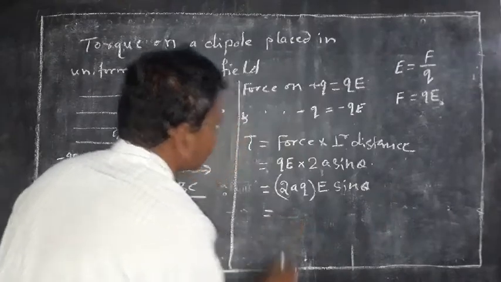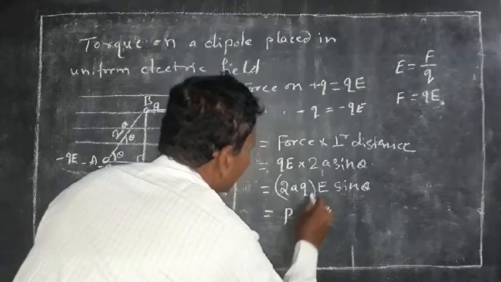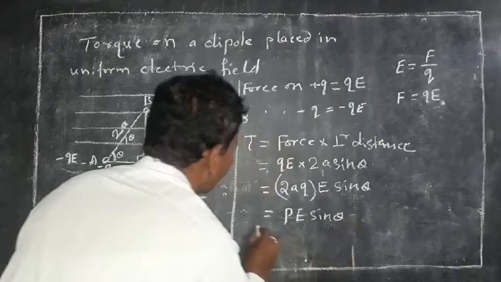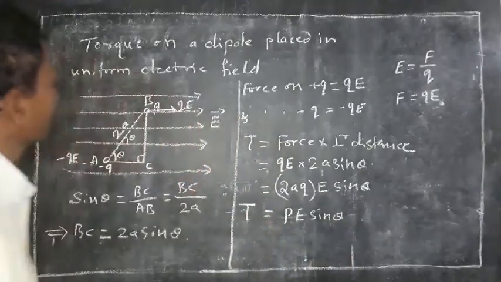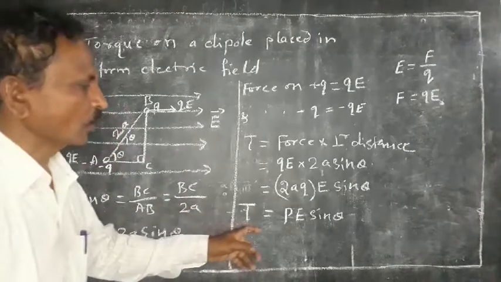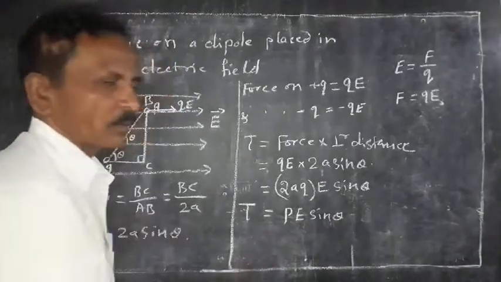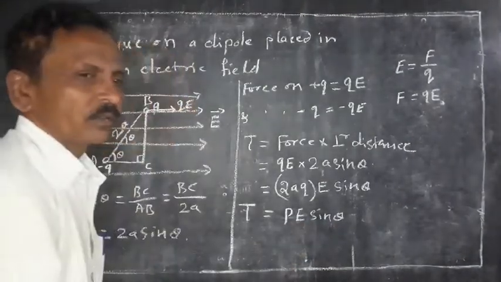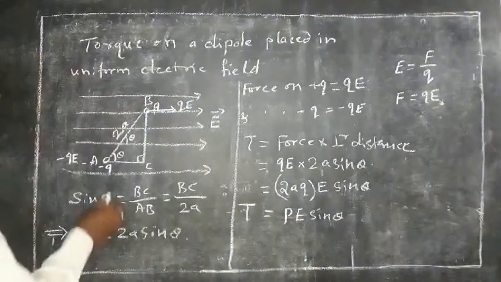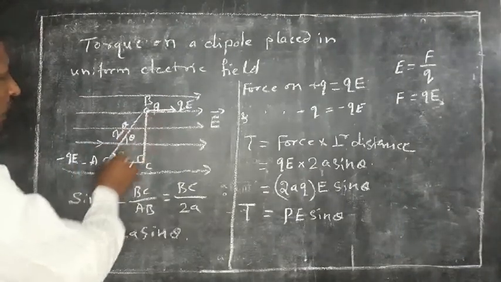But according to the definition, 2AQ equals P, the dipole moment, into E sin theta. Therefore, the torque acting on a dipole in a uniform electric field is tau equals PE sin theta, where P is the magnitude of the dipole moment, E is the magnitude of the electric field, and theta is the angle made by the direction of electric field with the dipole length.